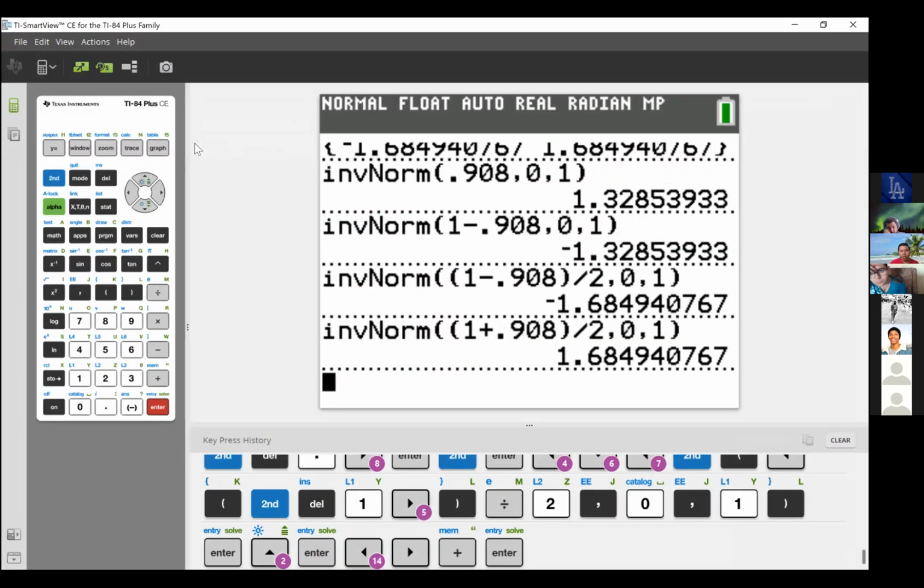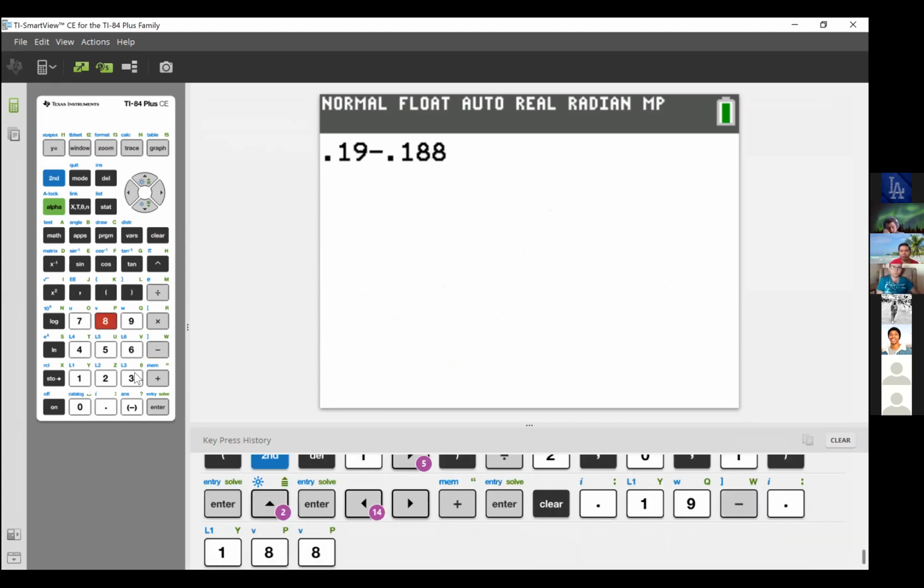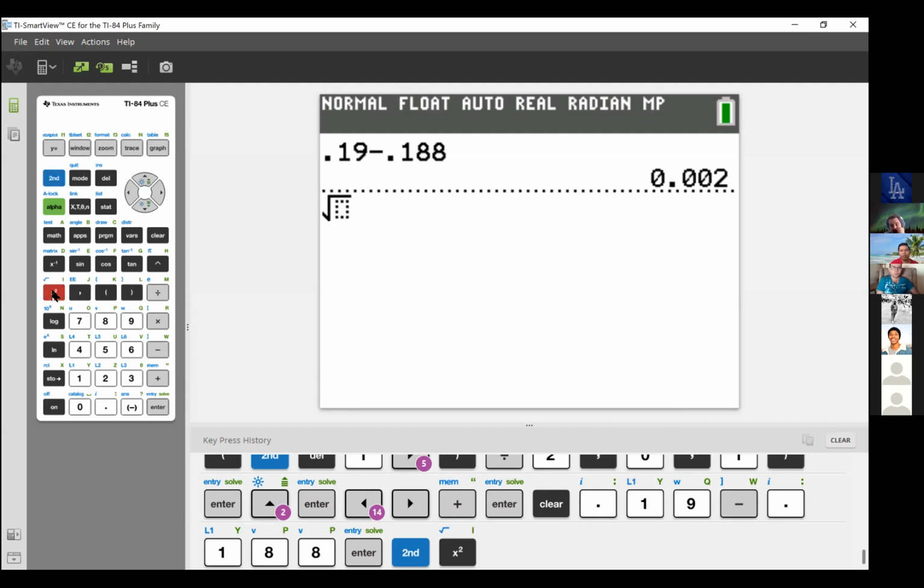Yeah, so when I don't want to mess around with the formulas, I'm just going to do it slowly, right? 0.19 minus 0.188, right? So that gives me some answer, which is my numerator. And for the denominator, I can just do second x squared here. That's where you get access to the square root.